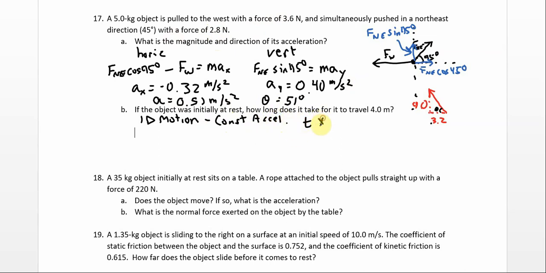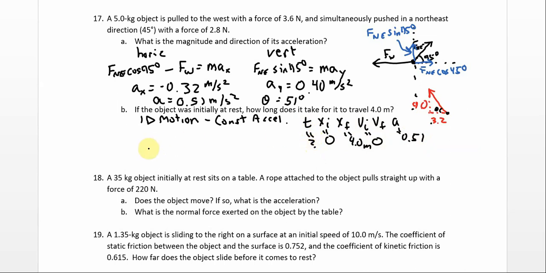So we have all our usual quantities. We have the acceleration of 0.51. We can assume it starts at, we can call that 0 where it starts, and we know that we want it to travel 4 meters, and oh, we know it starts at rest, and we want to know how long that takes.